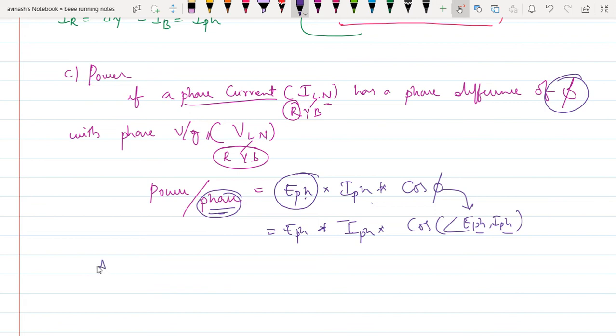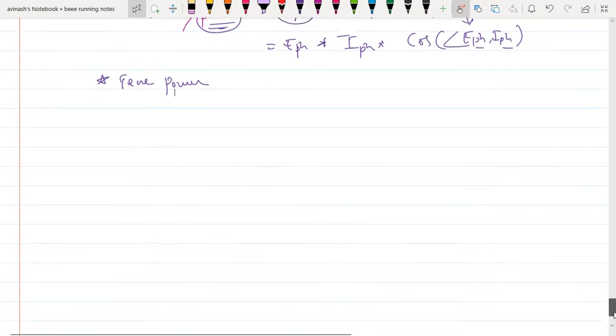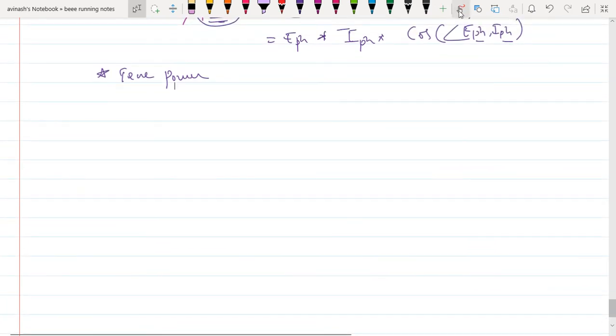We also have one more power called true power. What do you mean by true power? This is per phase, no? The power per phase.